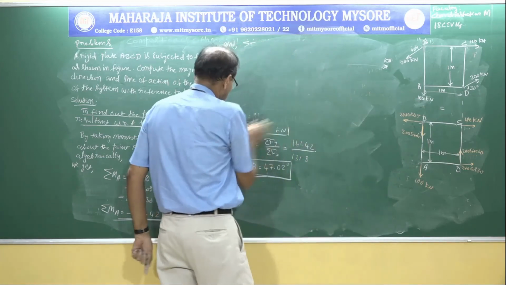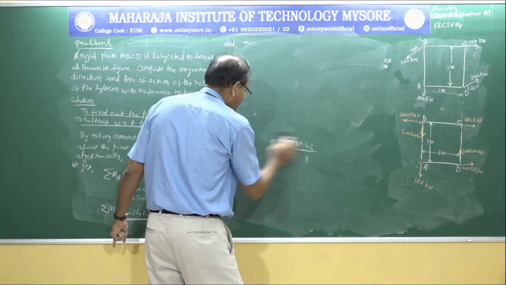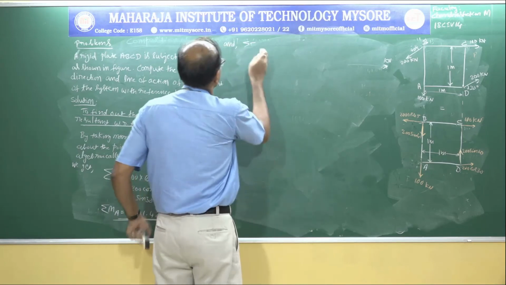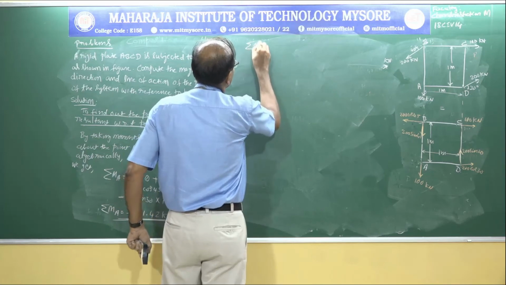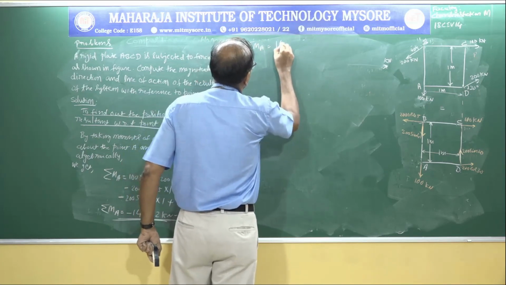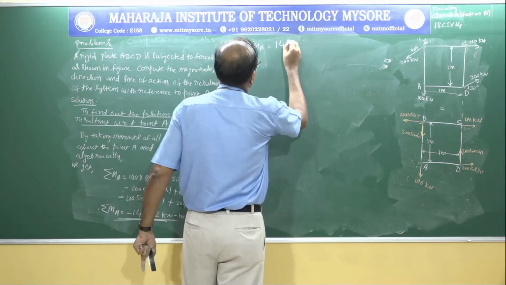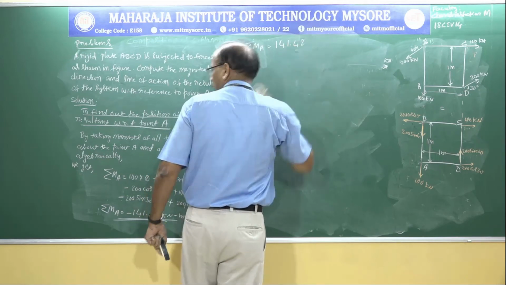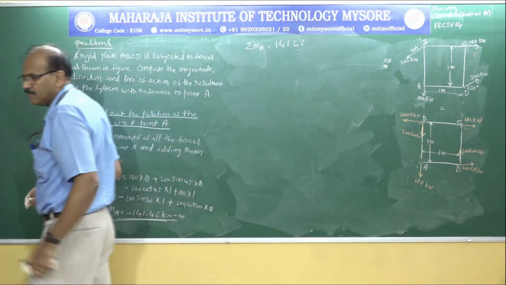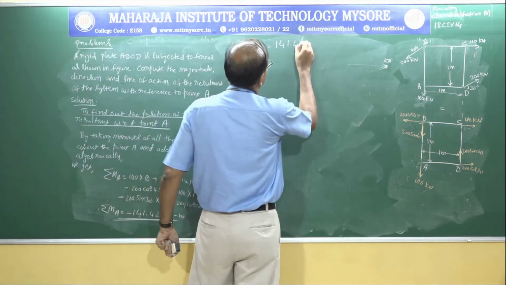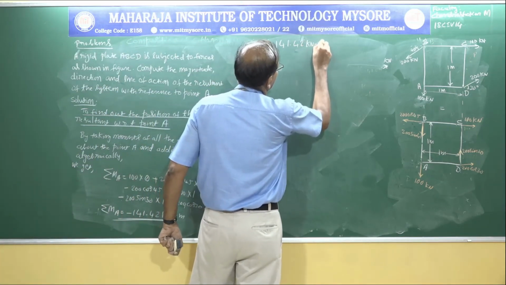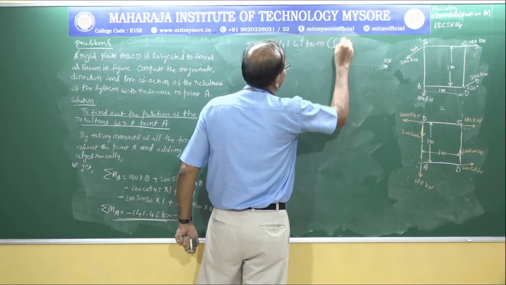What is the kind of moment? Because it is a minus sign, sigma MA is anti-clockwise, 141.42 kilonewton meter, in the anti-clockwise direction.